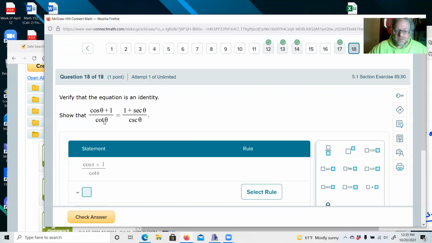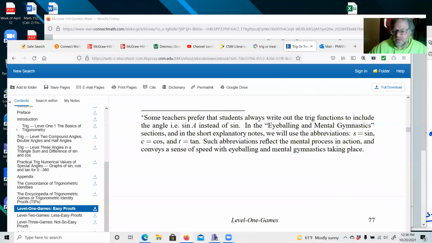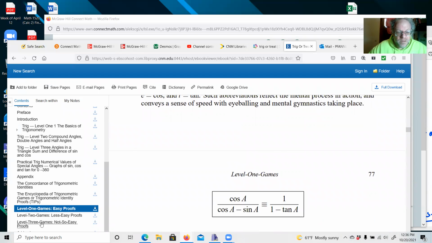So again, this would be a problem where I really wouldn't say which side do you start on. Either one is going to be just fine, but they said you shall start on the left-hand side. Okay, so play with those a bit. You can always go back and look at the trig problems.